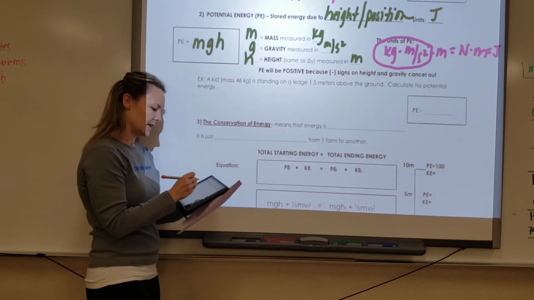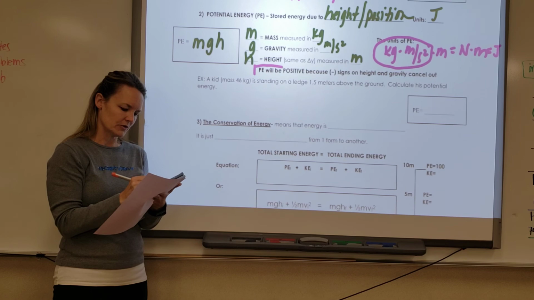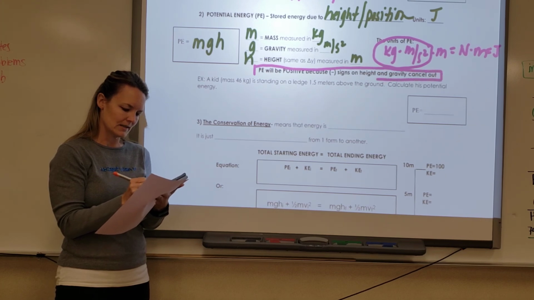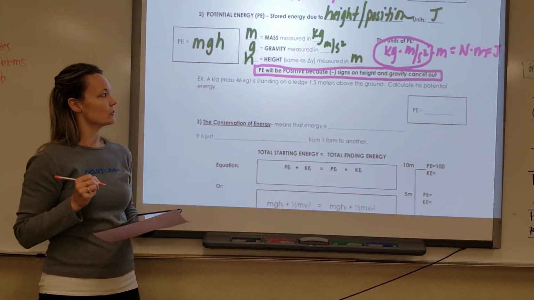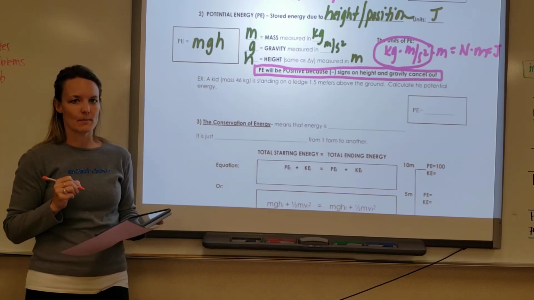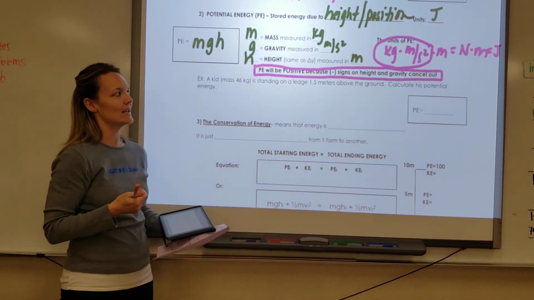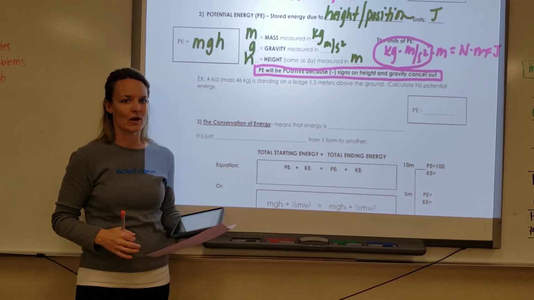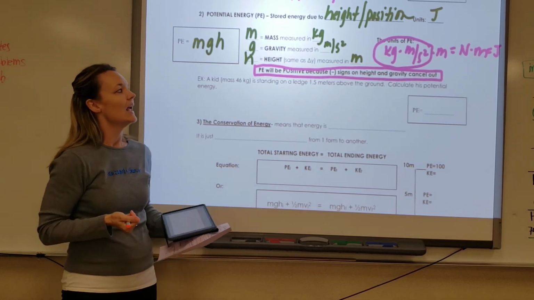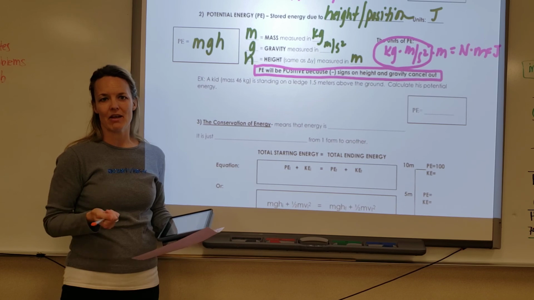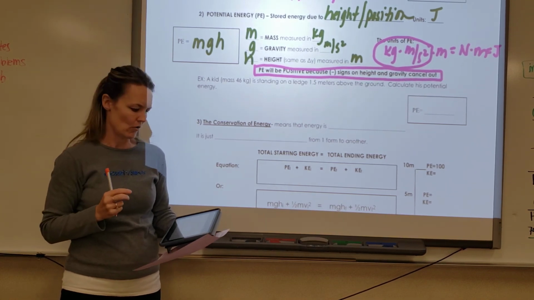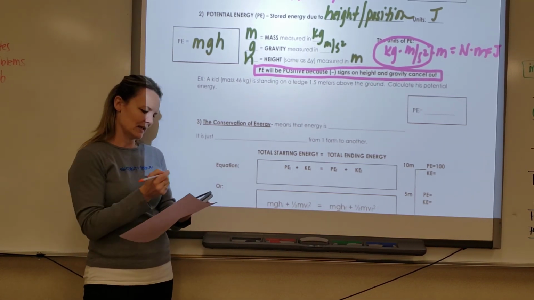The other thing to keep in mind, and I am going to circle it or box it in, the potential energy will always come out positive because the negative sign on the height, remember anything that's going to move downward gets a negative sign on its height, and the negative sign of gravity, negative 9.8, they are going to cancel each other out. So right now you can make a decision.